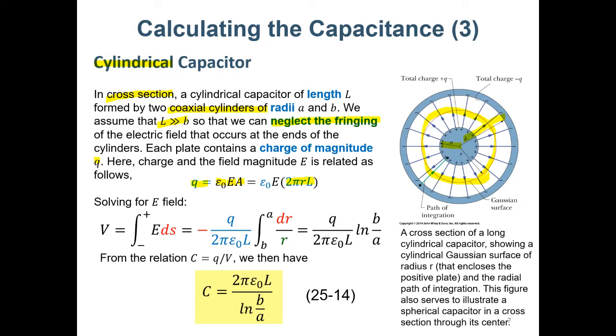To see the surface area, you can just cut it and flatten it. When you cut it like this, you will have a rectangle. This side will be 2 pi r, and the height will be nothing but L. So the surface area will be 2 pi r L.